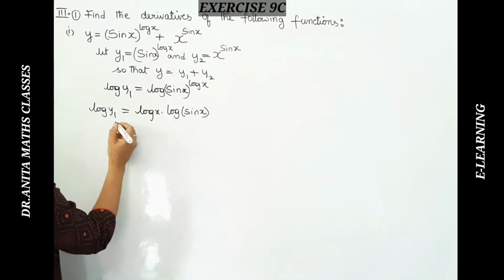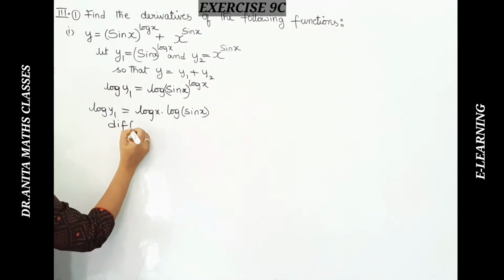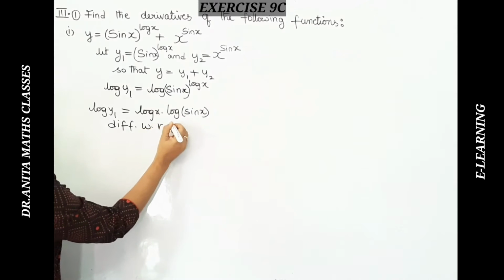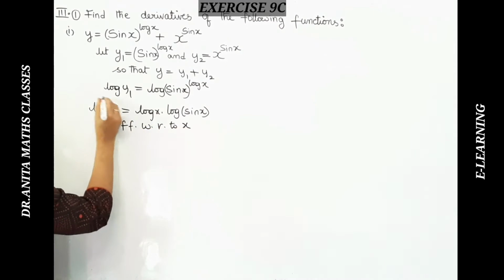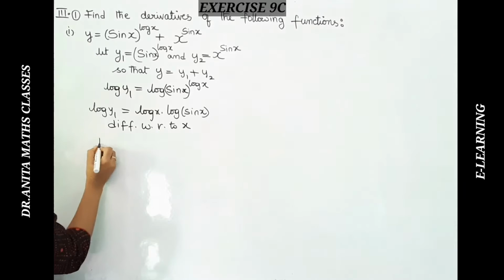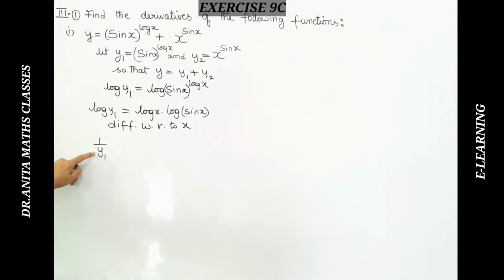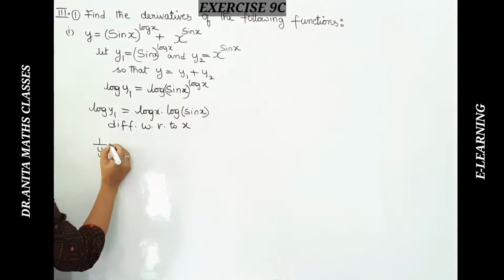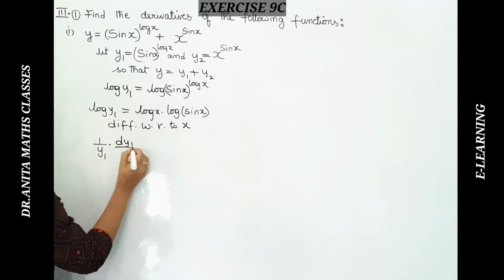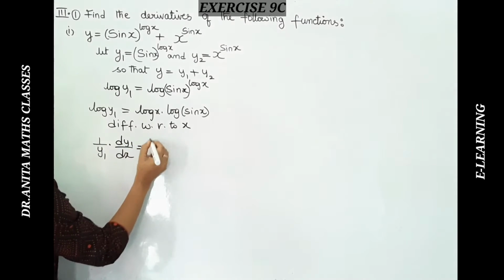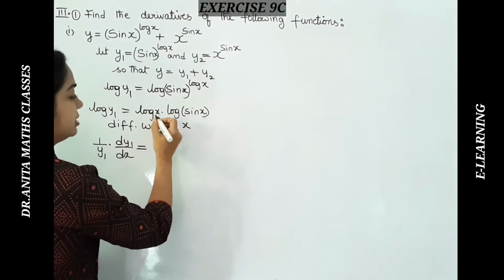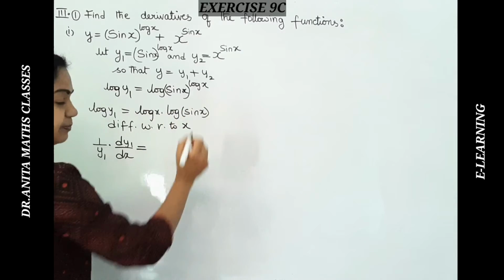Now we will differentiate with respect to x. So this is log of y1, so it becomes 1 upon y1 differentiation, and since the function is not in x, it is in y1, so again we need to differentiate dy1 by dx equals to, this function is in the form of u and v product.